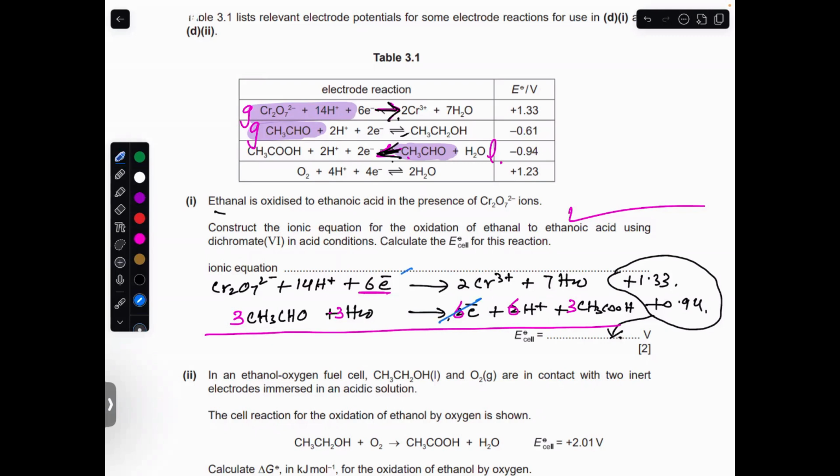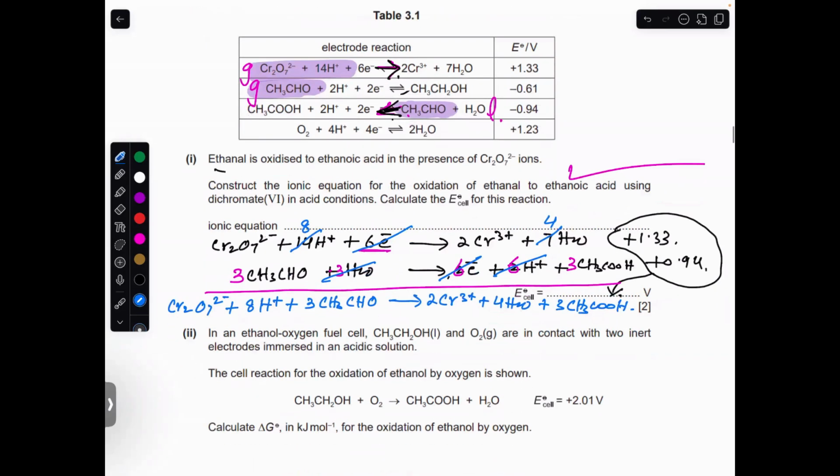The 6 electron cancelled, the 3 water with 7 water leaves 4 water, the 6H plus and 14 leaves 8, and I think you can write the equation. It is Cr2O7 plus 8H plus, and this is CH3CHO. This is 2Cr3 plus 4 water and 3 CH3COOH.